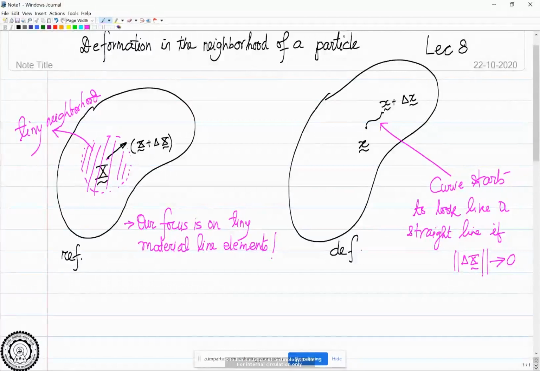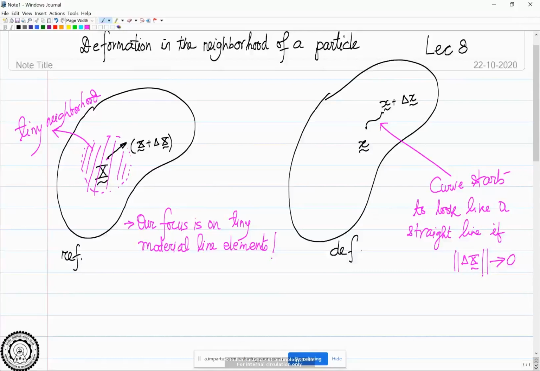It's a three-dimensional body, so the neighborhood is a sphere. And this line element need not be on the surface of the neighborhood. It could be also within. So the radius of the sphere is not the magnitude of delta x, because delta x could be even smaller than that. It just has to lie within the neighborhood, inside the sphere.